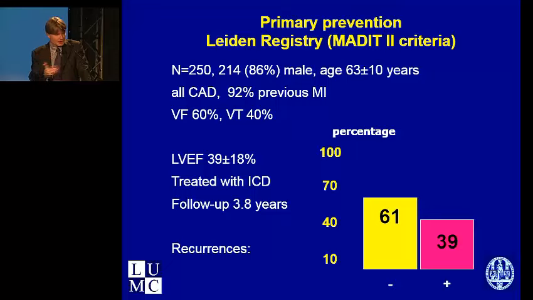All of them were treated according to guidelines with an ICD, and the follow-up duration that we presented here was 3.8 years. I point out to you this important bar graph where you see that 61% over the 3.8 years never had a shock on the ICD, whereas 39% of them had a shock.